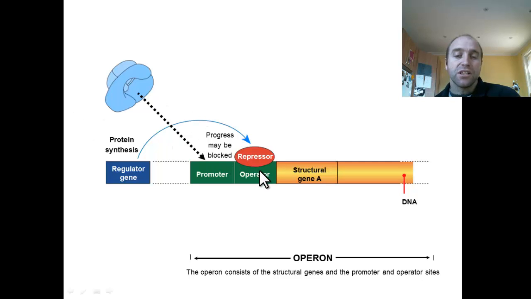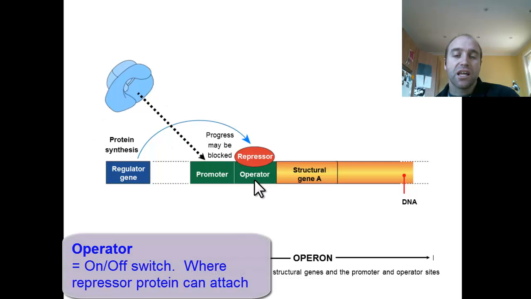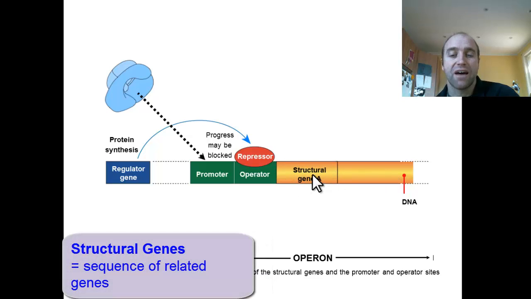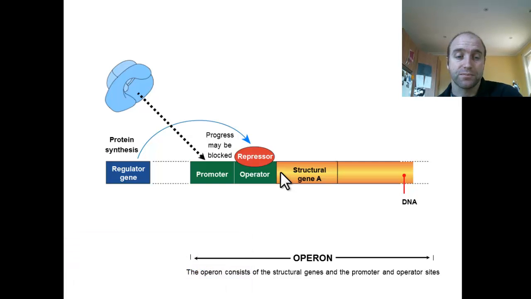Just following this is an operator gene, and that's basically the on-off switch, and that can be switched on and off by repressor proteins. And following this are our structural genes, and we quite often have a number of genes involved: gene A, gene B, gene C, because to make a particular characteristic happen, you quite often need a few genes to make a number of different proteins or a number of different enzymes.